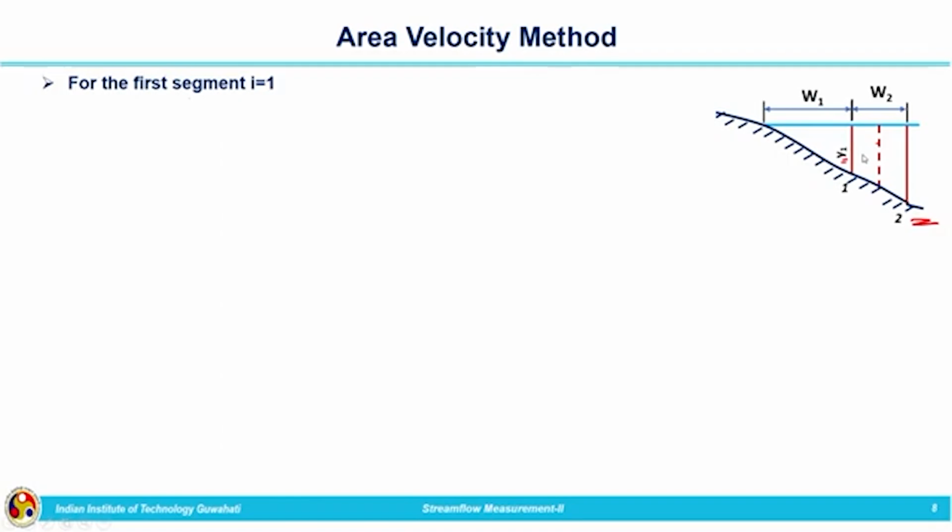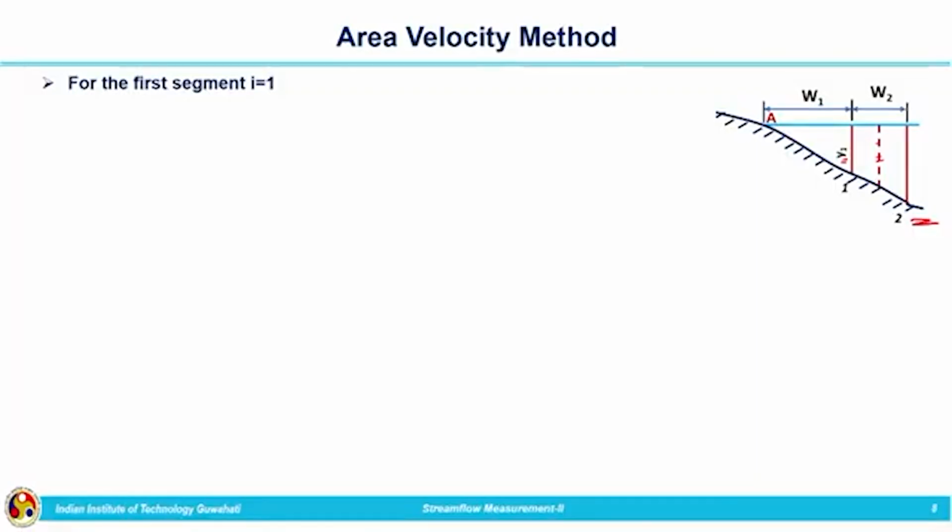But for the area, we need the depth at width (W1 plus W2) by 2, and that measurement is not available with us. So, what are we going to do? We are going to compute the depth at that particular midsection by making use of the similar triangle principles.